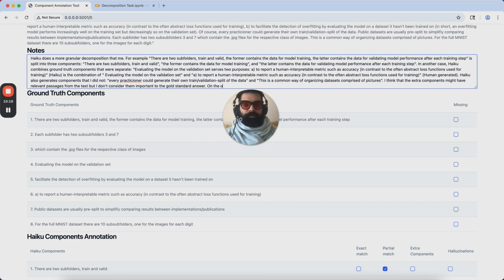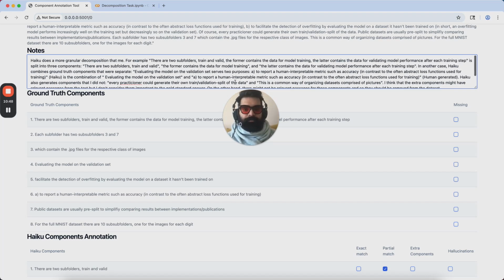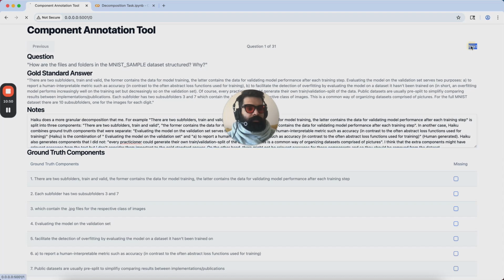On the other hand, there might not be relevant passages for those components, and so they should be removed from the data set. Okay, let's do that for now, and let's go to the next one, and let's go back and make sure it saved it, which it did.